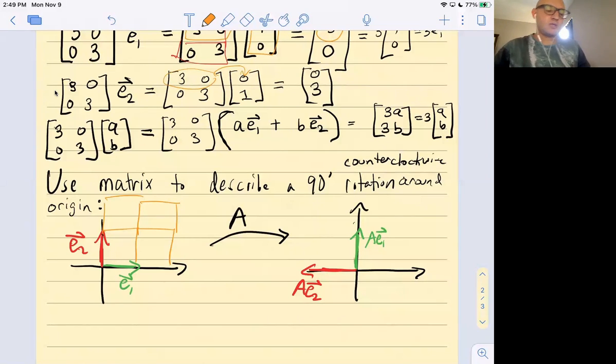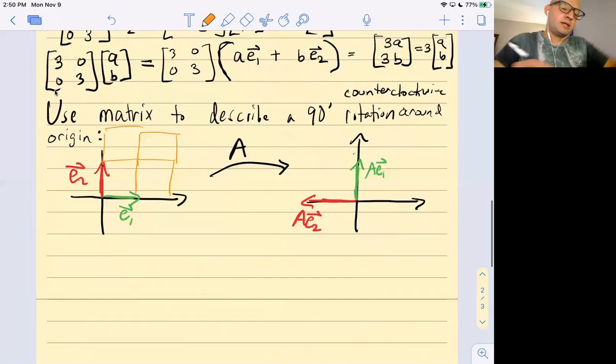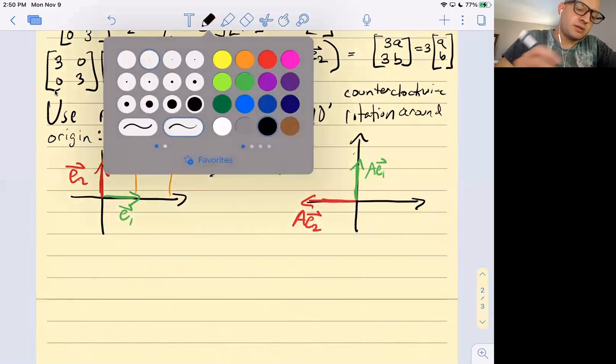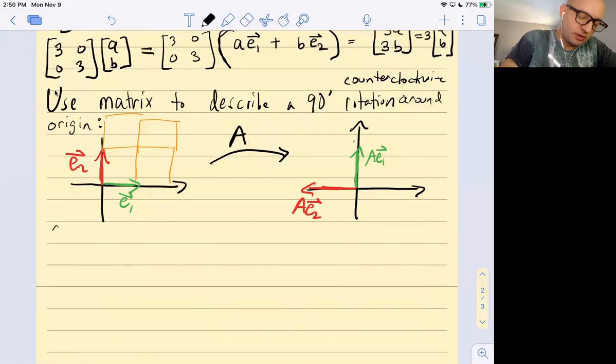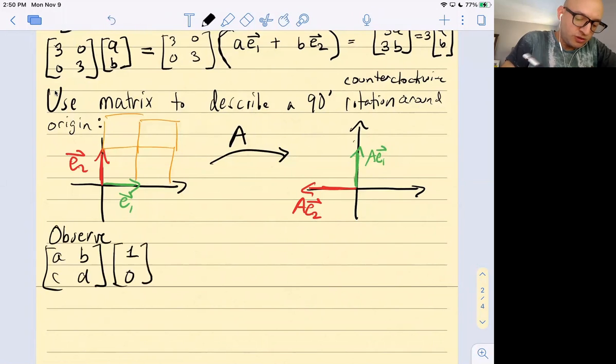Okay, so here's how we do it. In order to describe a matrix, we want to know what is the 2x2 matrix that does this. I'm just going to make a little observation here. If you multiply a matrix A, B, C, D and you want to see what happens to E1, if you just do the truck into the parking spot, look what happens.